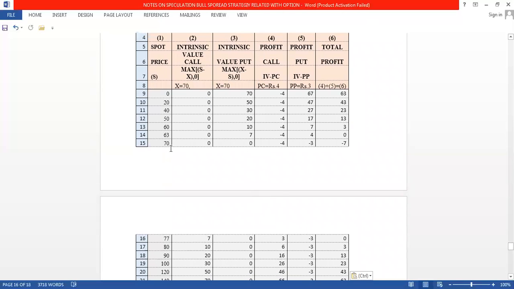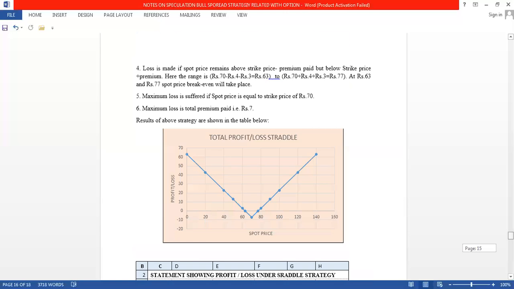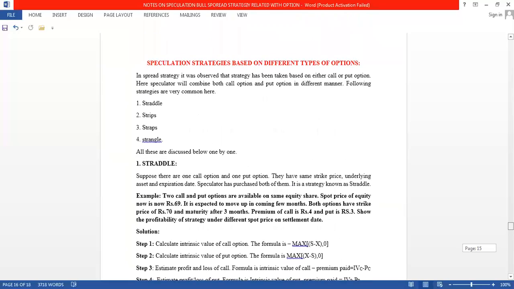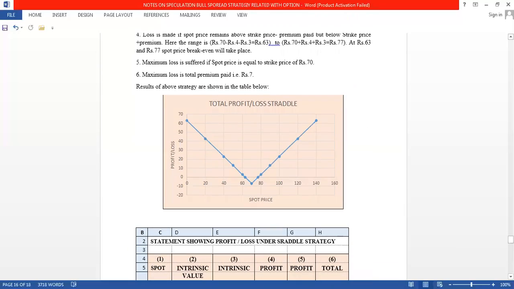If the spot price is 70, that means it is equal to strike price, then only we are making a maximum loss of 7. So this is a very lucrative strategy which can be very effective if the speculator expects that the market will be volatile, either bearish or bullish.